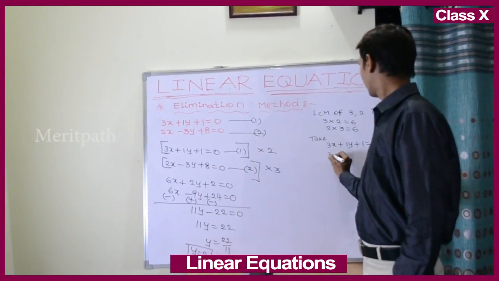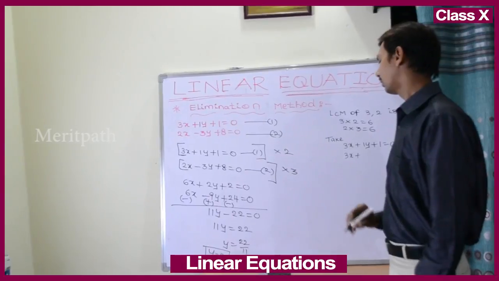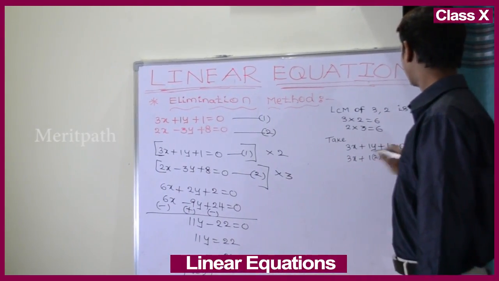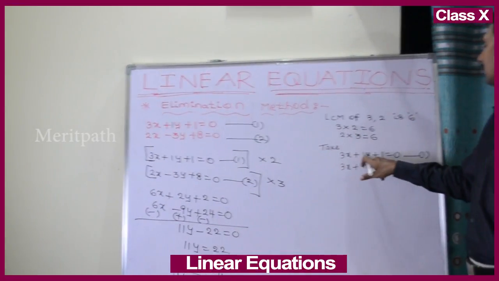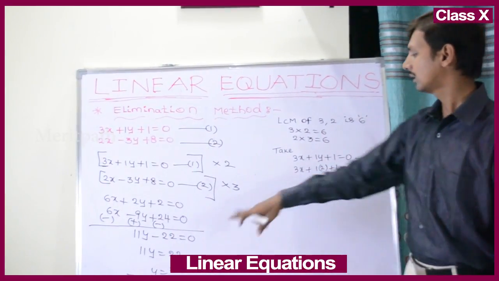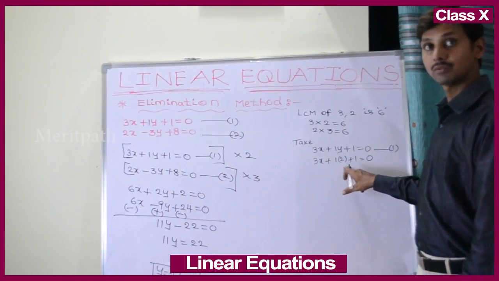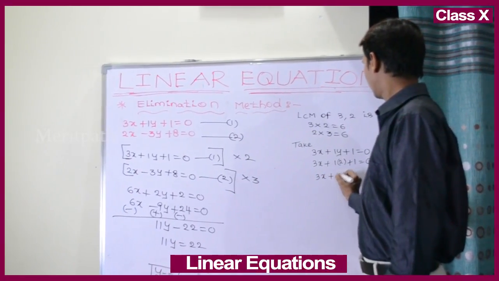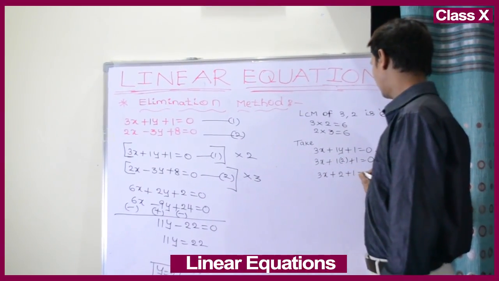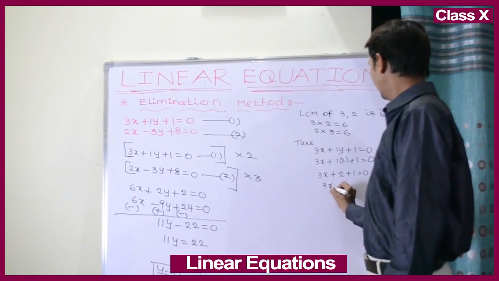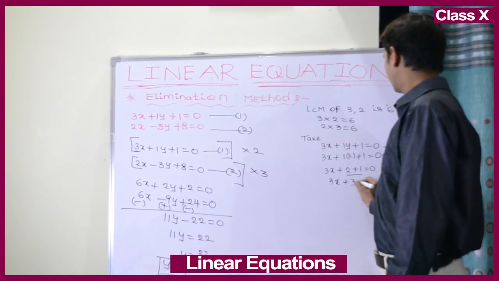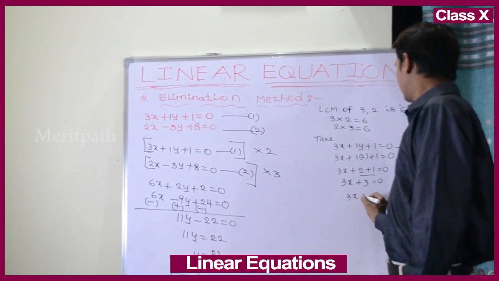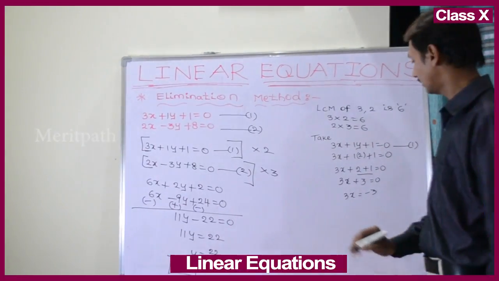So let us see. 3x + 1 into y is 1 into 2, plus 1 = 0, because here 1 into y is nothing but 2, since the y value is 2. So 3x + 2 + 1 = 0. Then 3x + 3 = 0, and 3x = -3 after transposition.